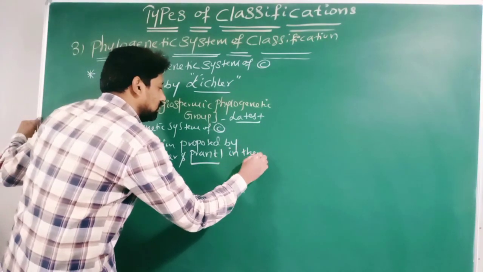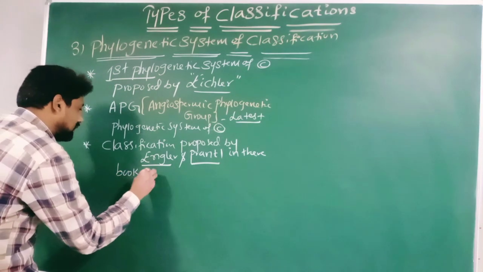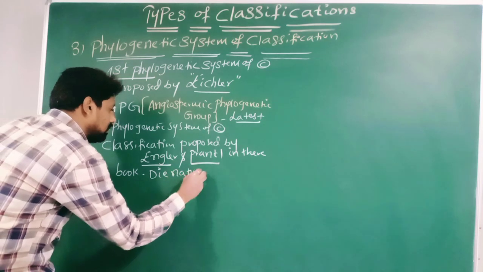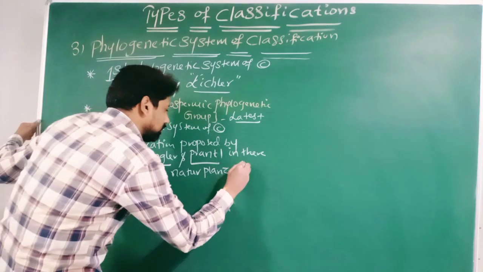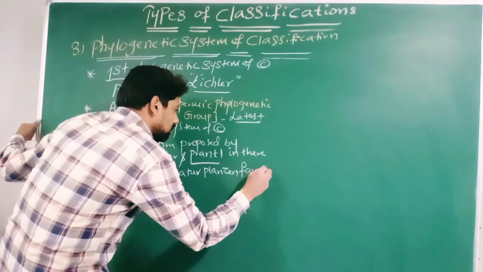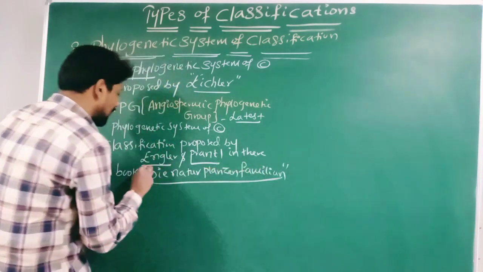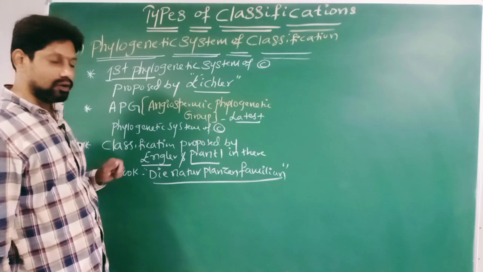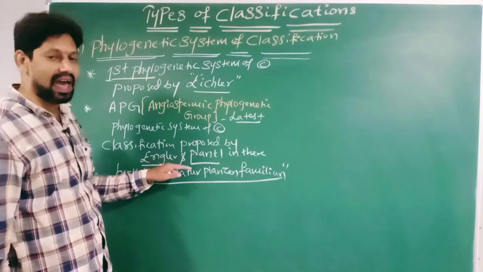In their book by name, Die Natürlichen Pflanzenfamilien. This is the name of the book written by Engler and Prantl. Therefore, classification proposed by Engler and Prantl in their book Die Natürlichen Pflanzenfamilien.